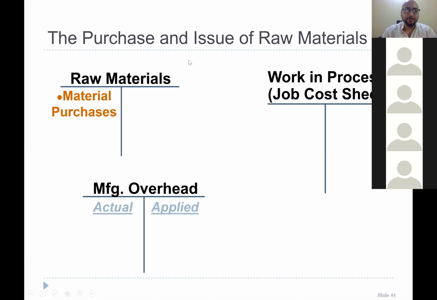Number one, let's first revise the rules. Can you repeat what the accounting equation is? Can you recall that? Assets is equal to liabilities plus owners' equity.